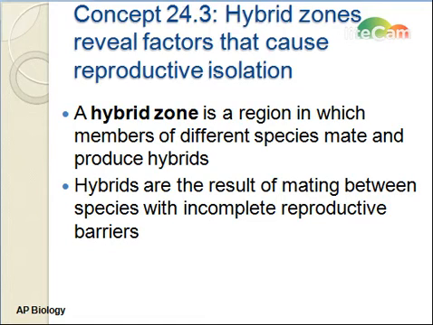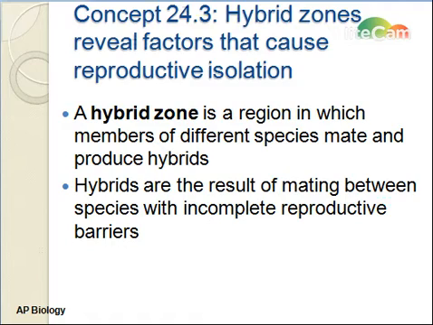And the hybrids that result from their mating may have reduced viability, and what happens with these hybrids is going to determine whether we have the development of a third new species, or we'll look at the different results that can occur in just a second. But basically, the hybrid zone is the region where the members of the different species meet and mate, producing their hybrid offspring.